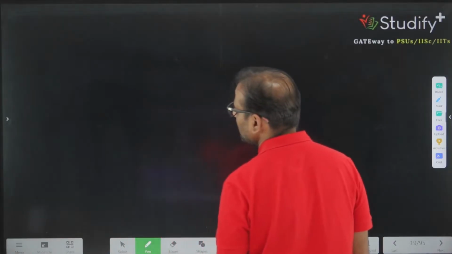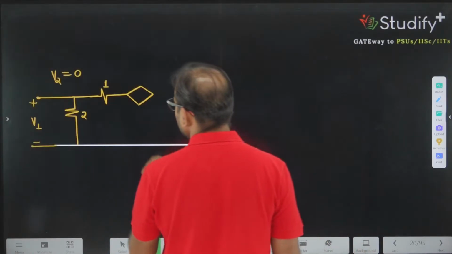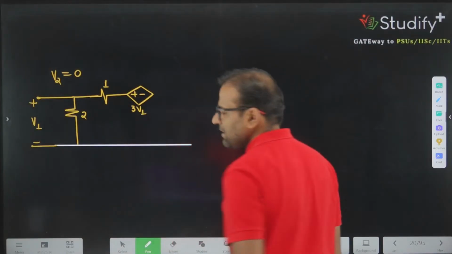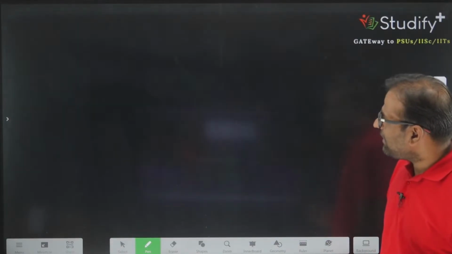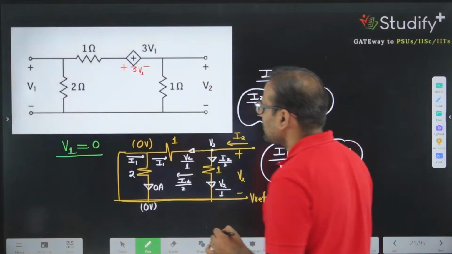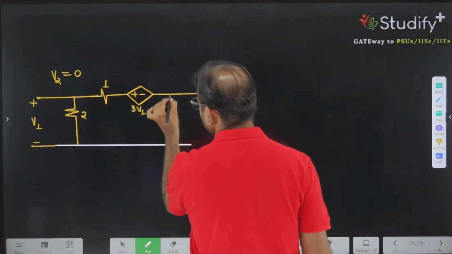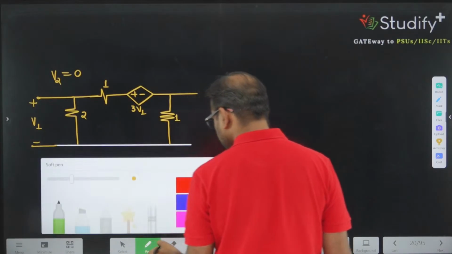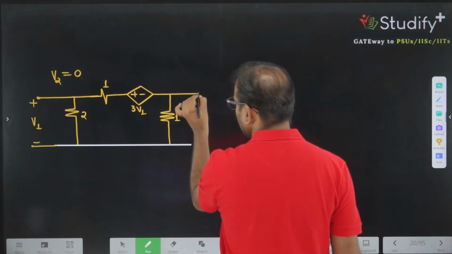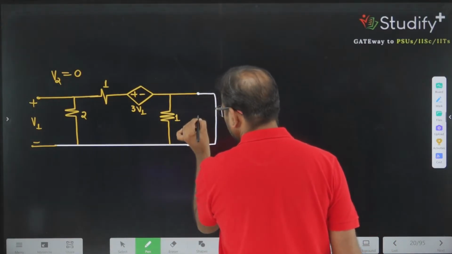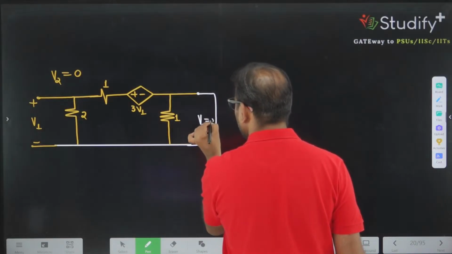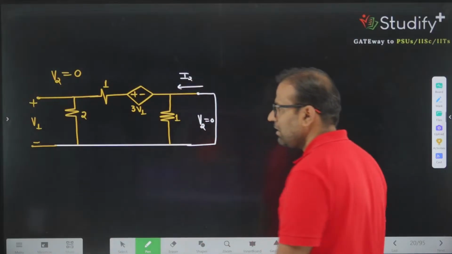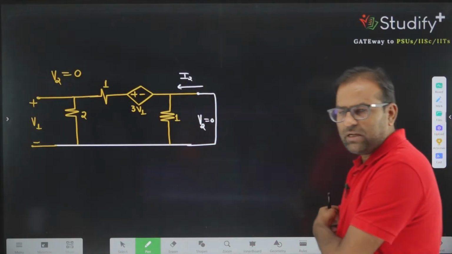This value is plus minus 3V1. Correct? And what else we are having? This is 1. And we are saying that this value is equivalent to 0. V2 is equivalent to 0 and I am taking this current as I2.